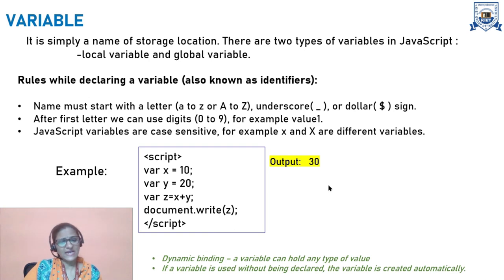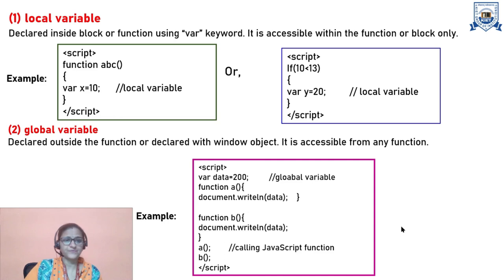But whatever the type of value we put in this variable, it will change according to it. So we can say there is a dynamic binding in the variable, meaning it can hold any type of value. If a variable is used without being declared, the variable is created automatically. So in case of JavaScript, it is not compulsory to declare a variable.